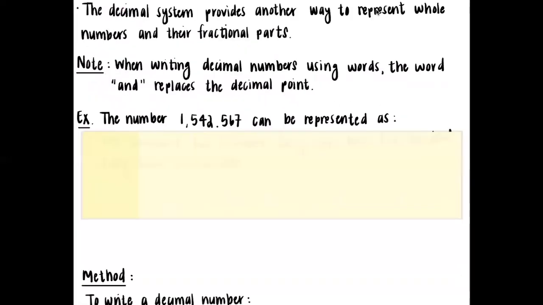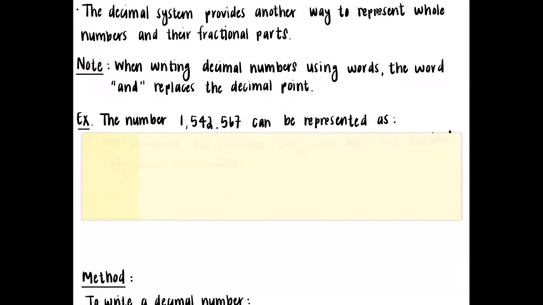Okay, so let's look at an example. So the number we have is 1,542 point. So notice there's this decimal spot. So this isn't a whole number. There is a fractional part to it, which is the piece that is less than 1 or less than a whole number.